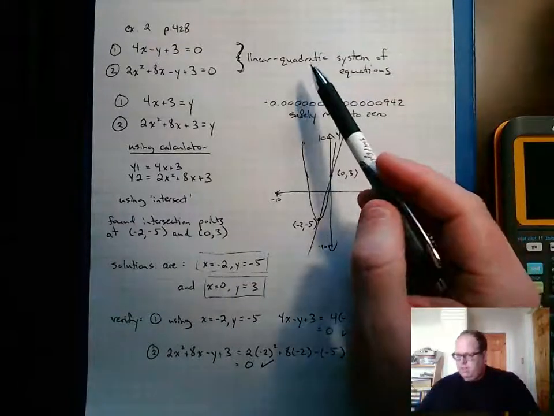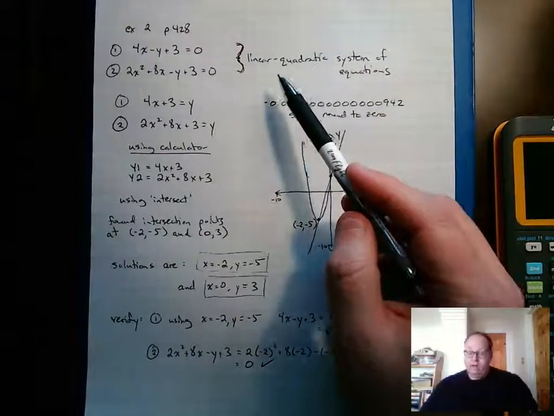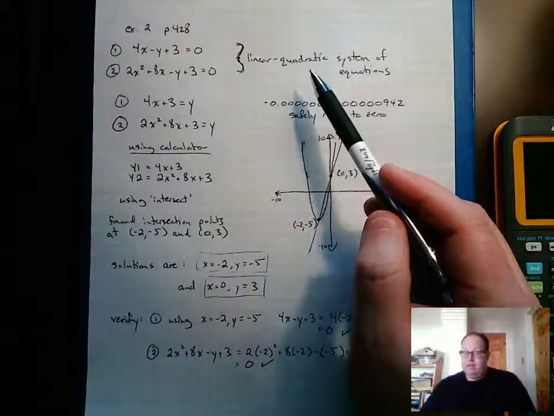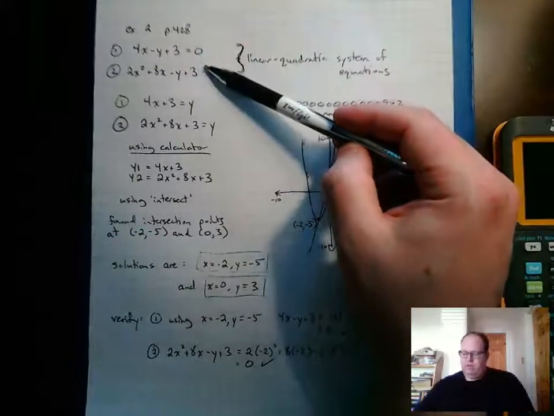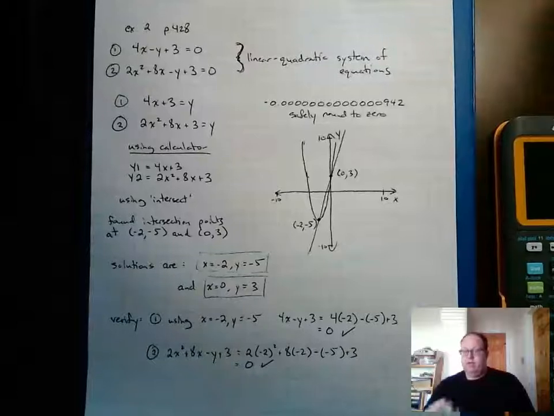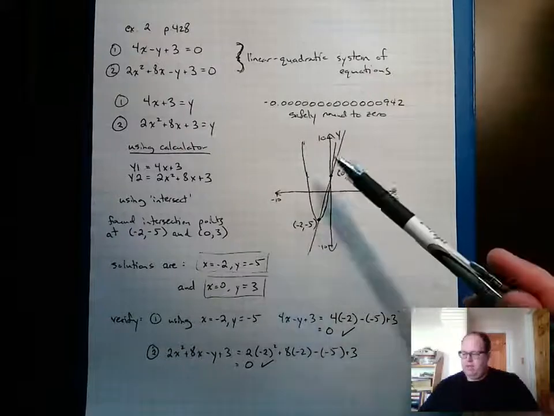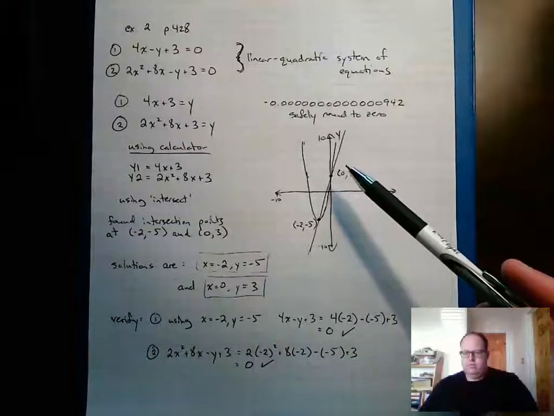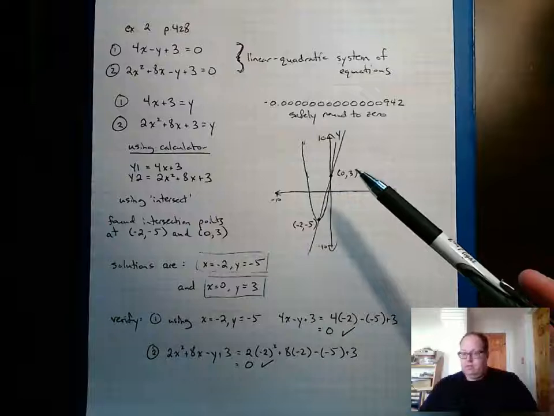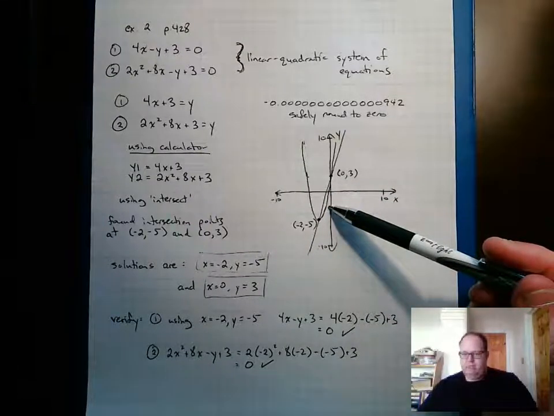So as I mentioned, this is a linear quadratic system of equations. Your book will refer to a quadratic system of equations by times, and all that means is that both equations come out to be quadratic rather than one linear and one quadratic. But other than that, you would do the same sort of thing. Now, this particular case we had two solutions, but it could have just as obviously been the case where we'd have one solution if these lines only hit in one spot.